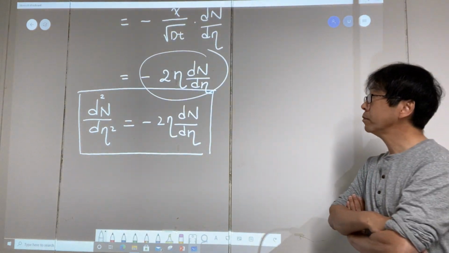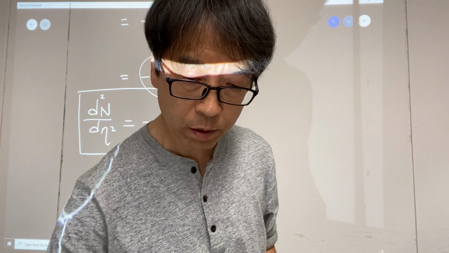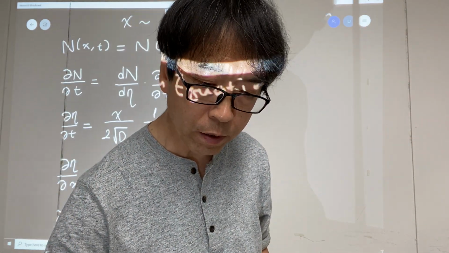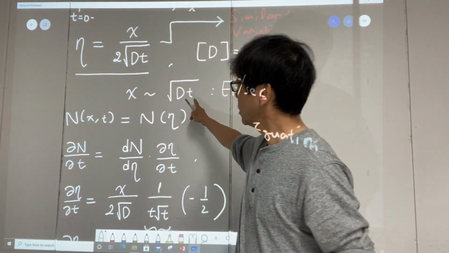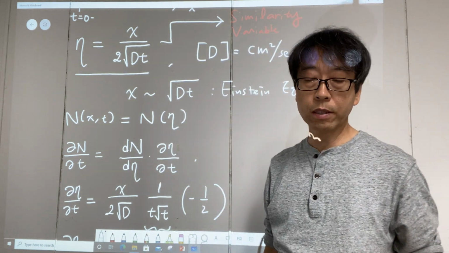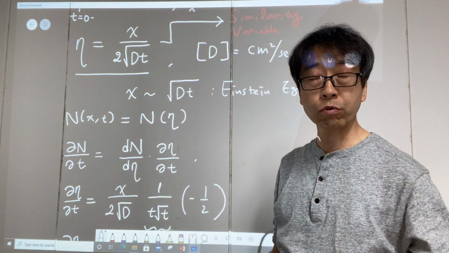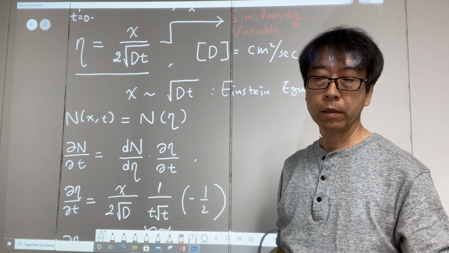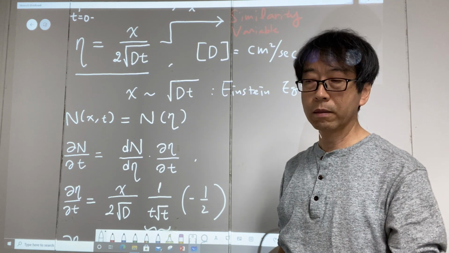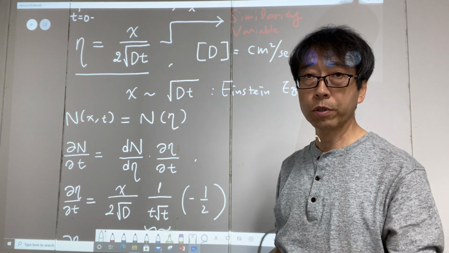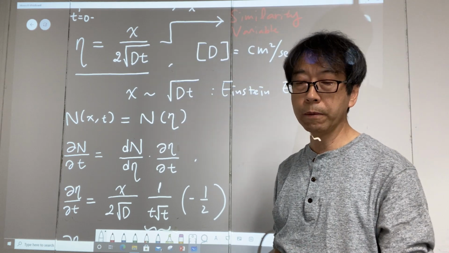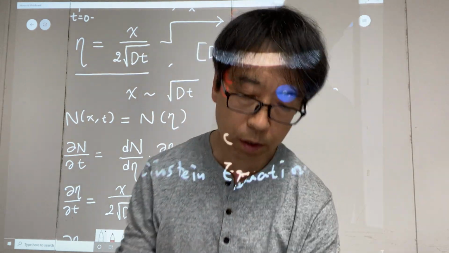During that process, what we have learned is that, because this is a diffusion process, diffusion is proportional to the square root of time. It's not directly proportional, it's a square root of time. So that's very important.